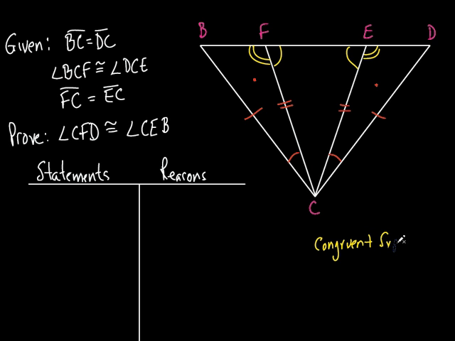And what does that say? That says if I have two angles, this one arc and this one arc, that are supplements of equal angles, then those two angles must be equal.